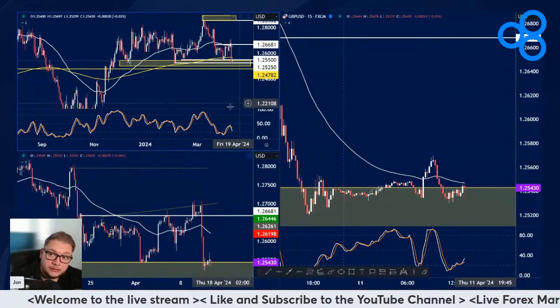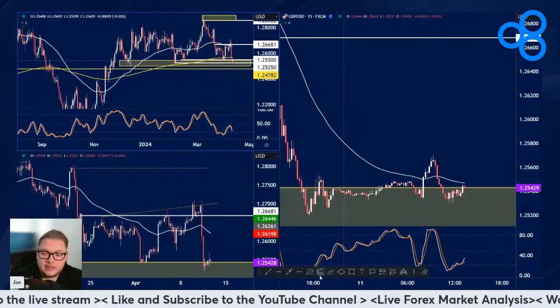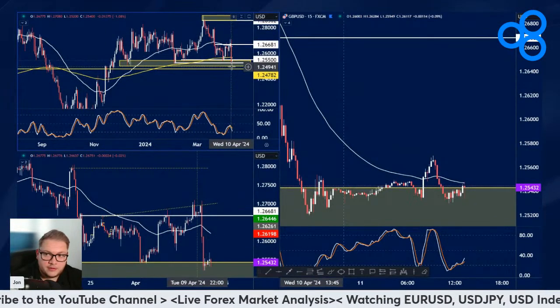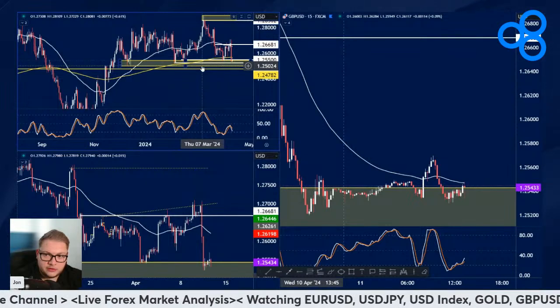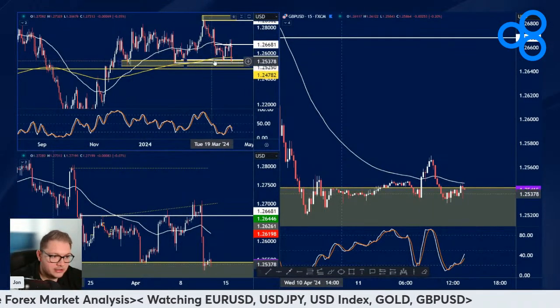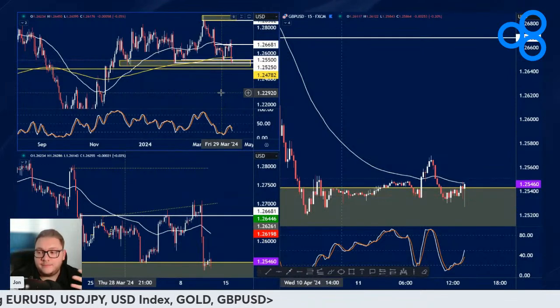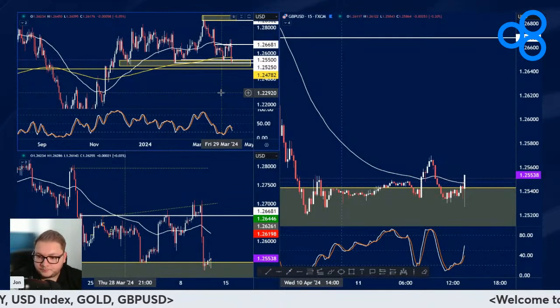That back down towards the 125.50. But really speaking, the space for cable to the downside is below 125. If we trade below 125, which is the low of this daily range here, then that would be something I'd be interested in as well.